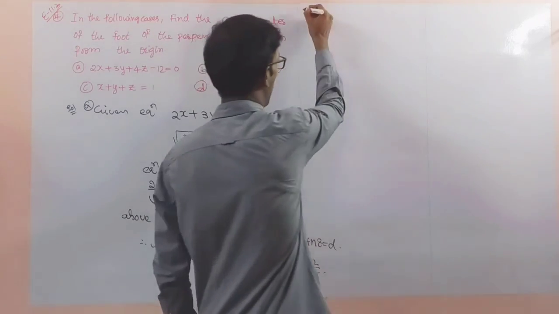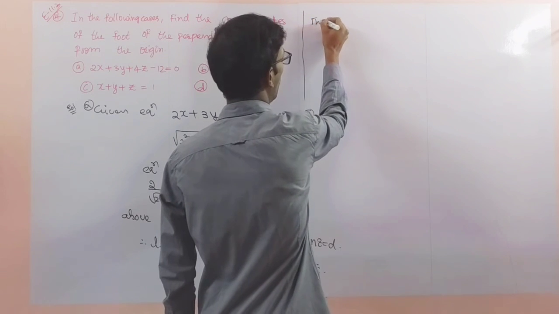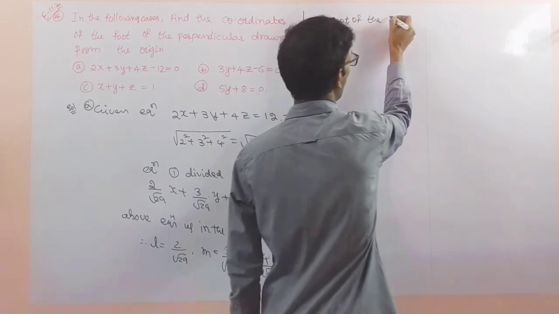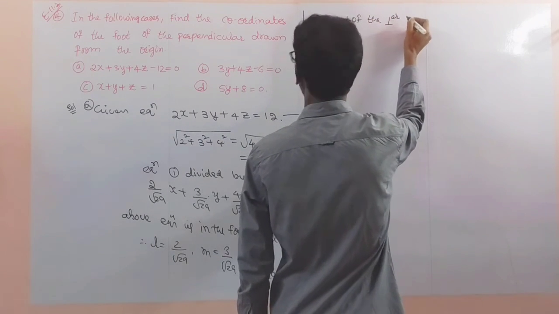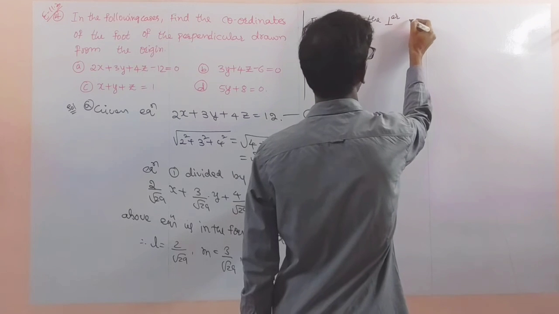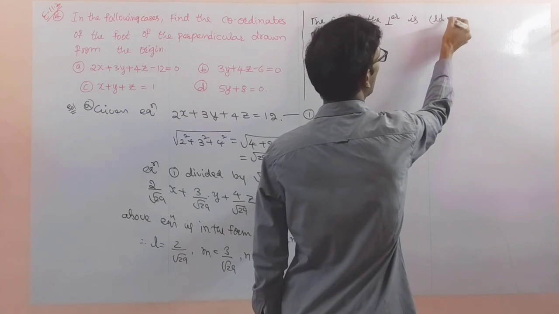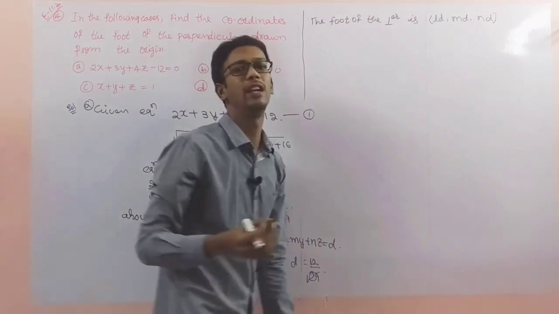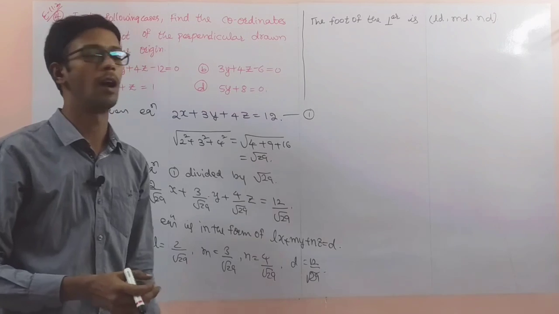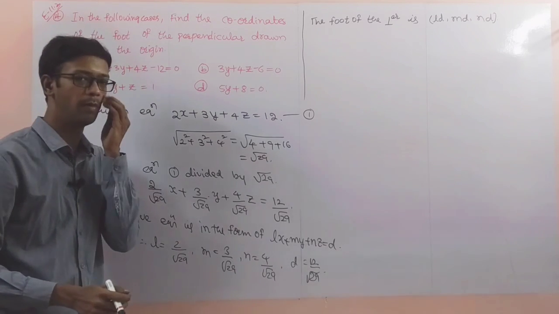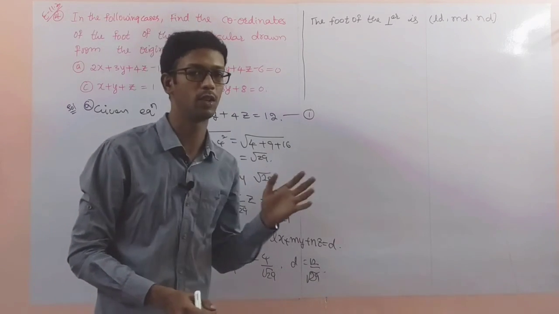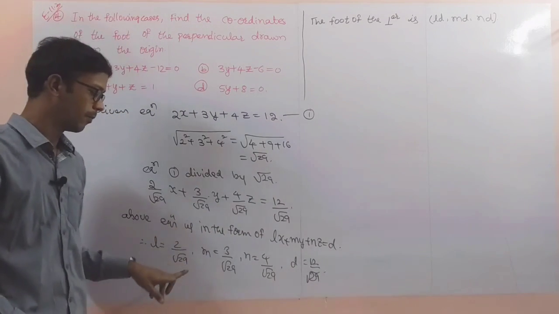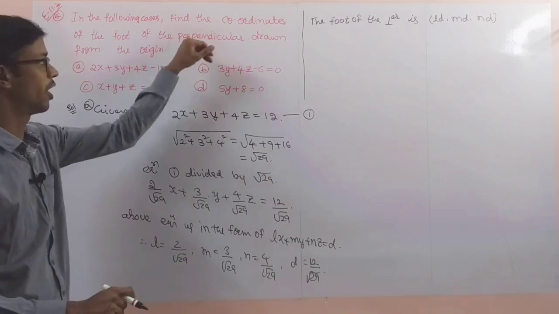A direct shortcut form is there. The foot of the perpendicular is ld, md, nd: l into d, m into d, n into d. A lengthy method is also there, but this is a small problem, so that's why we use the shortcut method. ld, md, nd are the foot of the perpendicular.